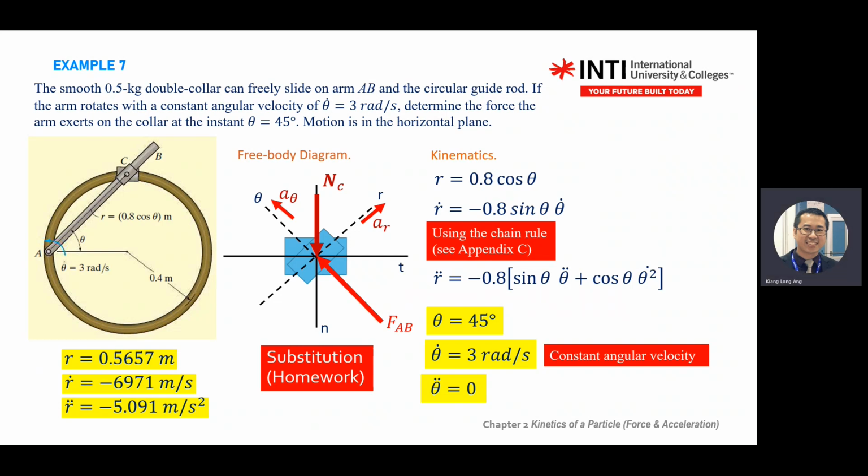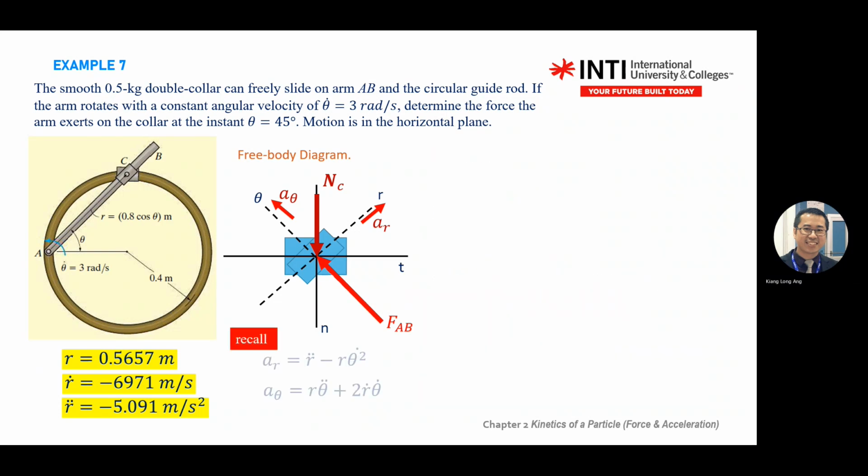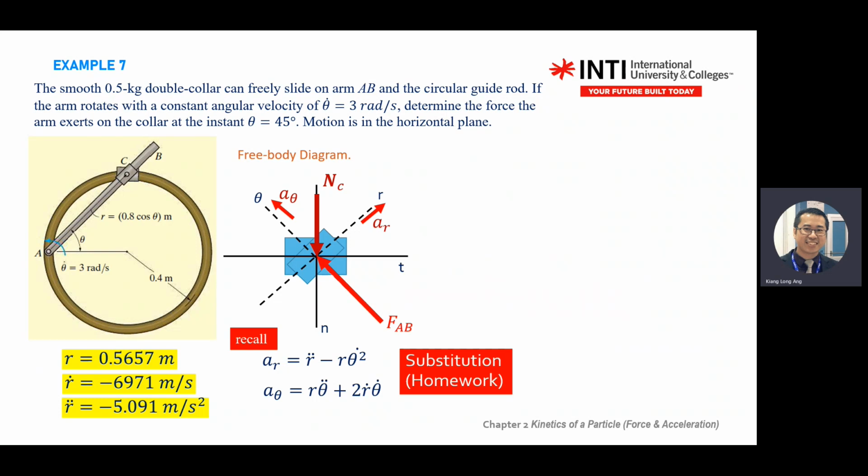The theta double dot you extend from here. You are given theta dot 3 radian per second. You differentiate this one more time. This is a constant value, so you get 0. So all the double dot values inside this equation, this one is 0. Okay, so recall this equation.